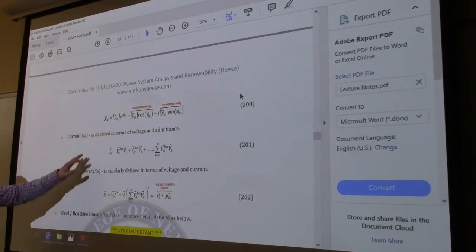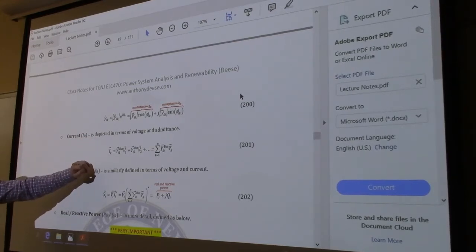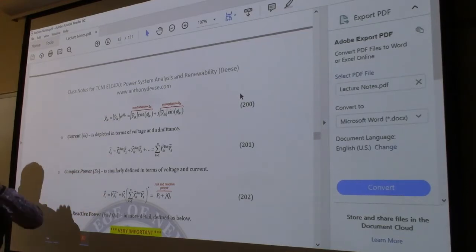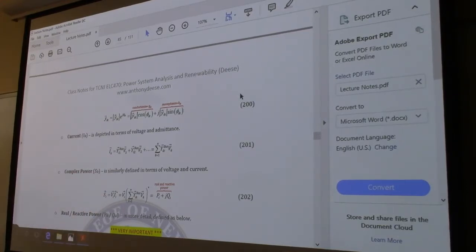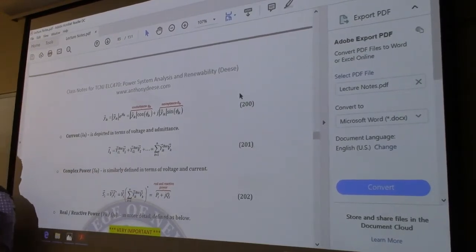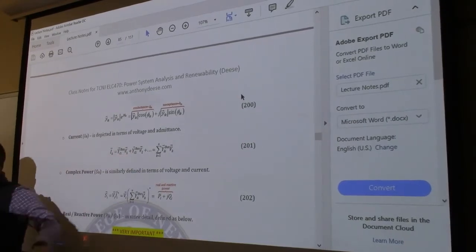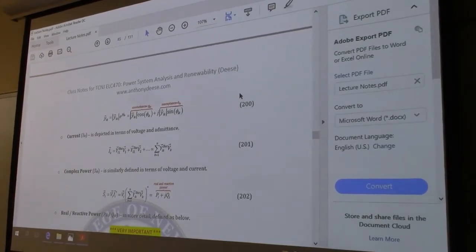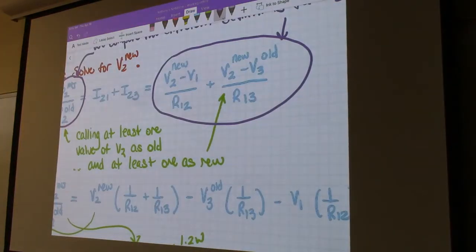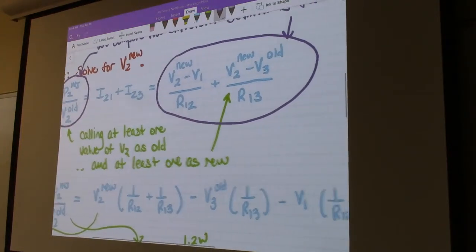The current injected into a bus can be defined as the sum of all the currents flowing out of that bus. So this equation right here is essentially the same as this right here, the right-hand side.